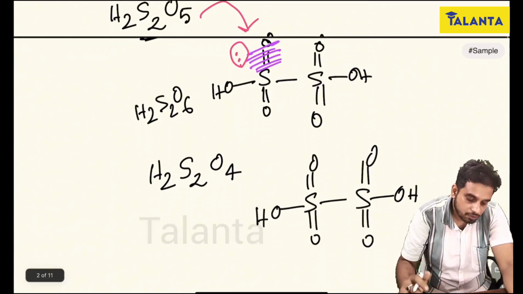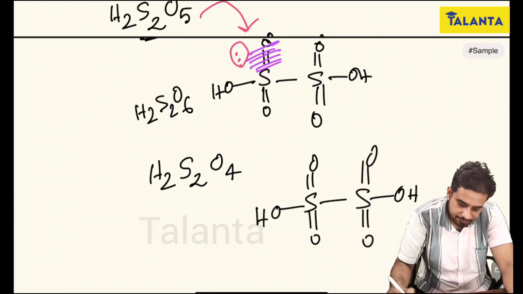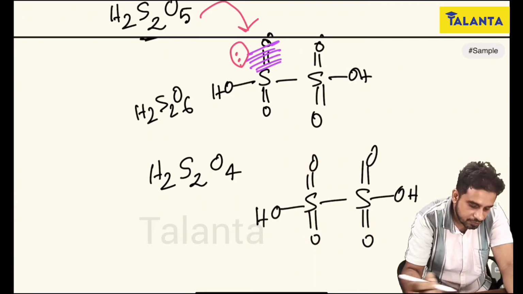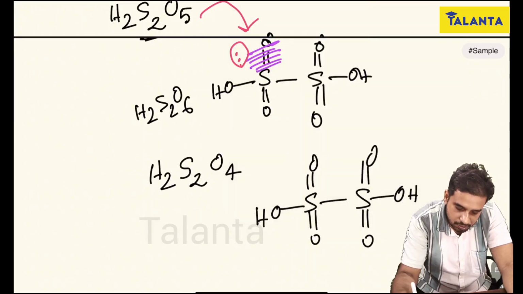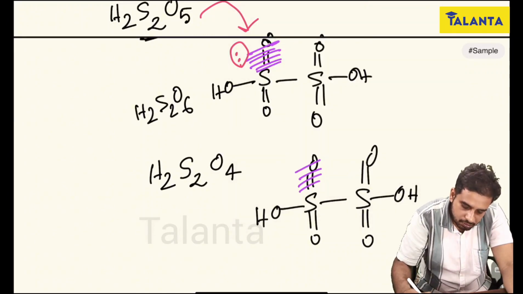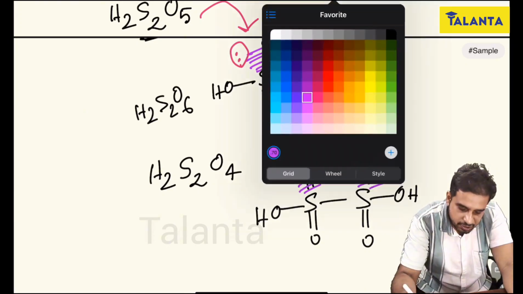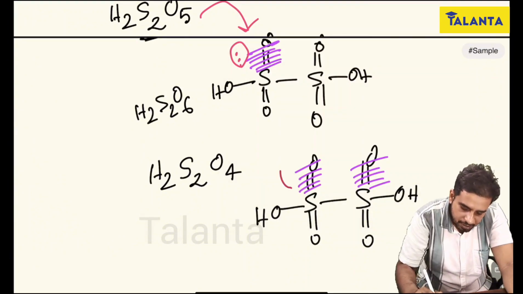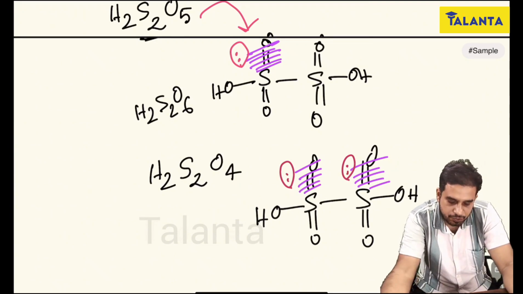Like we cannot remove these two oxygen atoms simultaneously or these two oxygen atoms. We have to remove them in this way, like this will be dropped and this will be dropped, and in place of each dropped double bonded O, of course, a lone pair will be inserted. So this is the structure of H2S2O4.